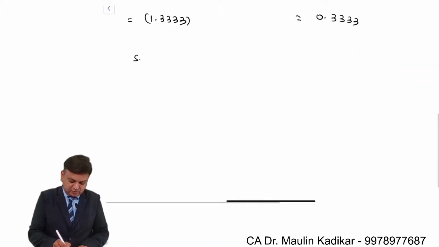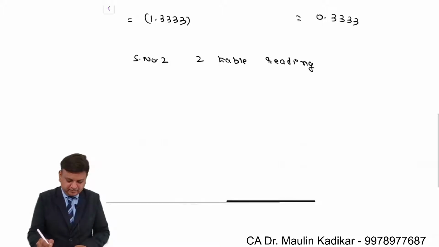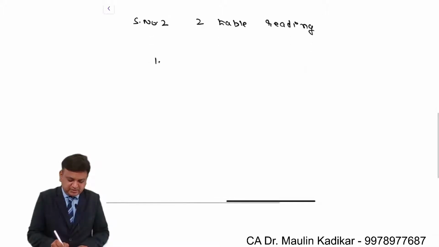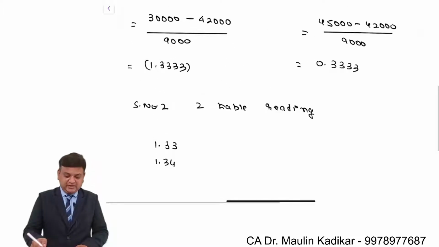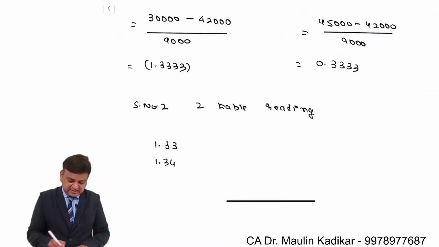Then in step number 2, we will have the Z table reading. So it is 1.33 and 1.34. Why? Because the Z table value is available up to 2 digits after the decimal.